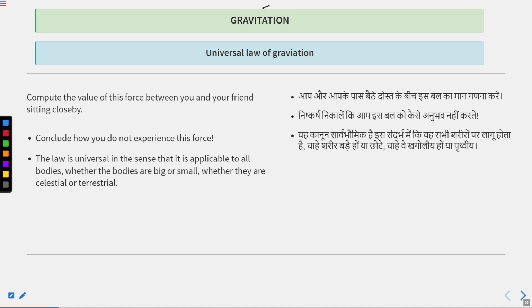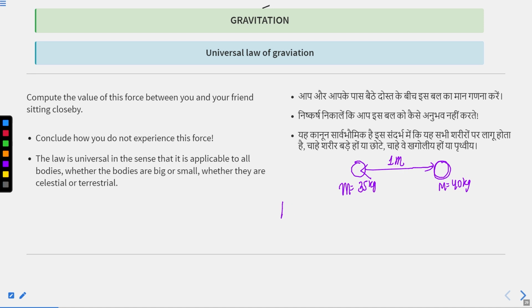Let's suppose your mass is 35 kg, your friend's mass is 40 kg, and the distance between you is 1 meter.